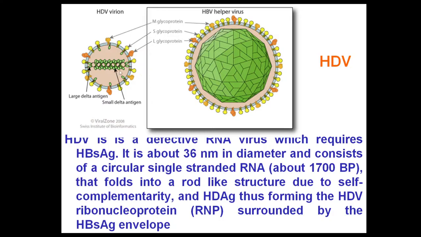And hepatitis D antigen thus forms the ribonucleoprotein here, surrounded by HBs antigen envelope protein. And this is the helper hepatitis B virus.